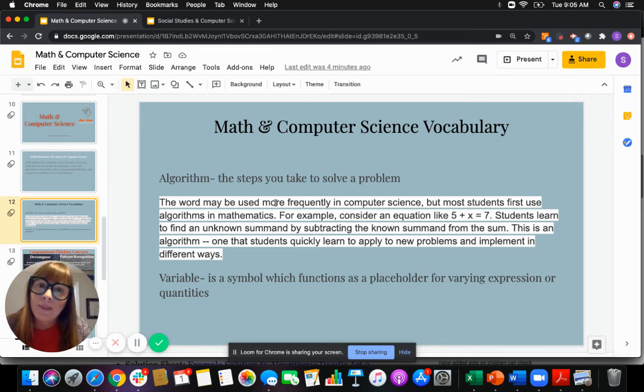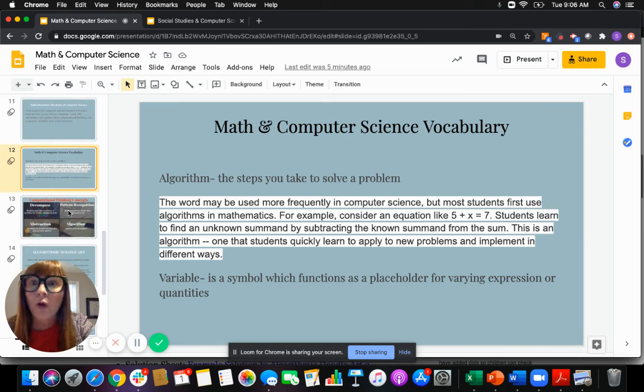You have a username and password. That is a variable because it's different. It's a placeholder because your login and password is different than your next door neighbor's. And that's how we use variables in computer science. It also allows us to create an algorithm that can be used for multiple different ways. We just plug in the variables. Same thing happens in math when you're learning how to multiply.